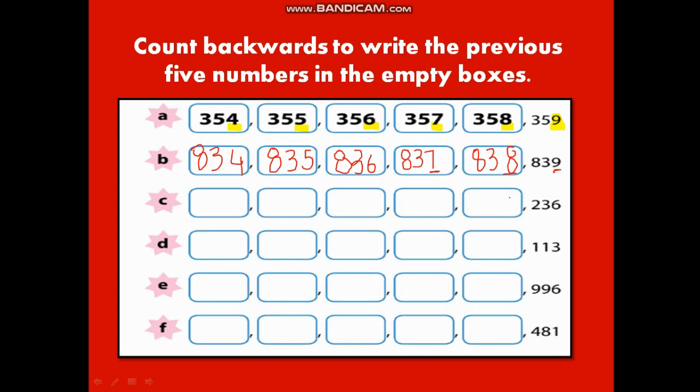Let us do the next part, C part. 236. Now we have 6 at the ones place. So we will make sure that we are shifting this number one step down. So 236, what will be the next number? A number before? 235. See? 6 and then 5.